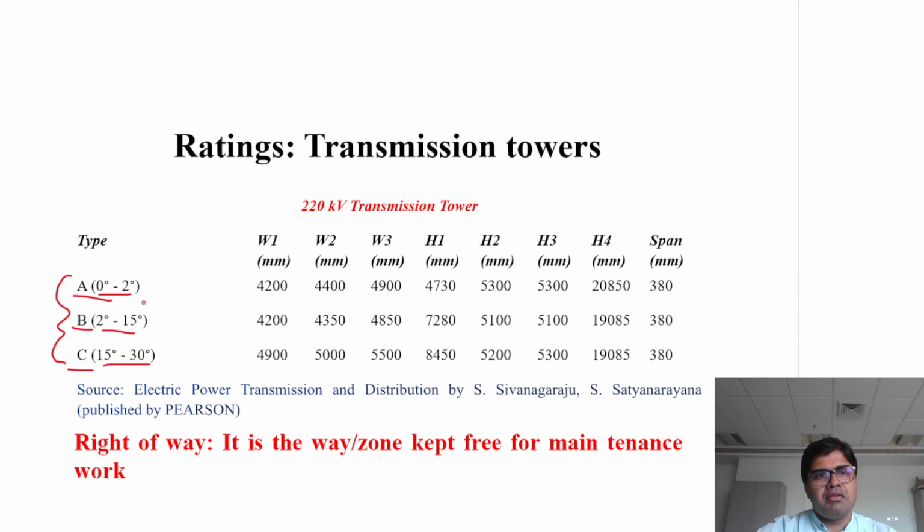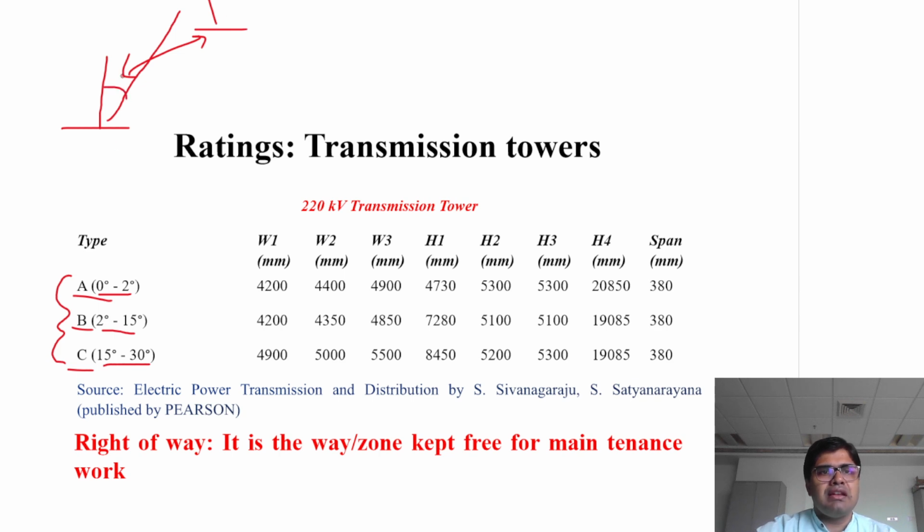Now what is the angle of deviation? Suppose today a transmission line is erected at this place. Now the next transmission tower which will be erected, having some span length, due to some space constraint cannot be erected straight. So some angle needs to be created. At some angle the next tower has to be installed.